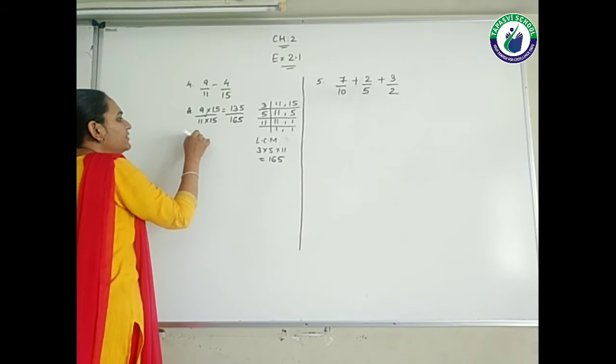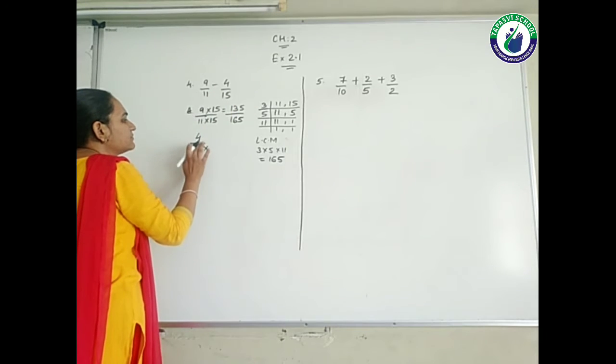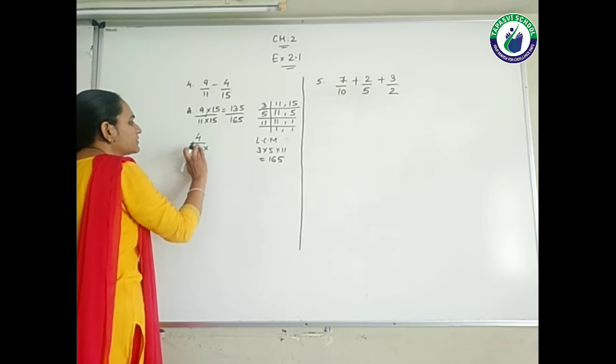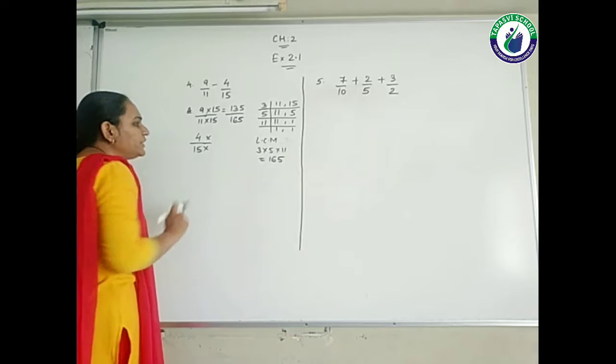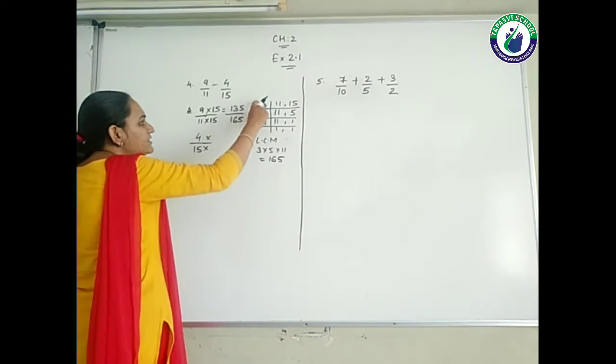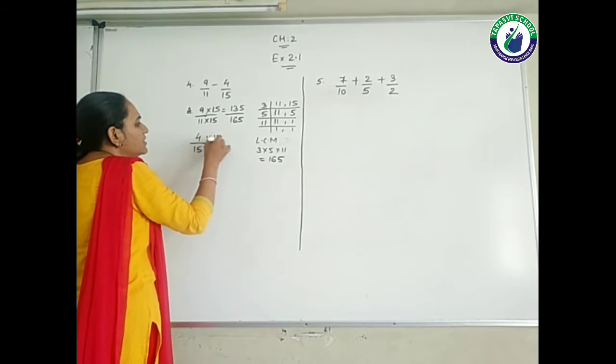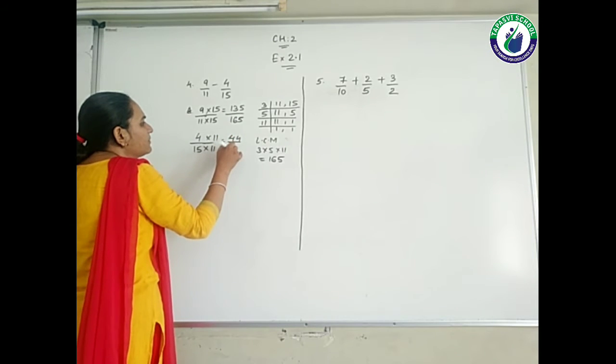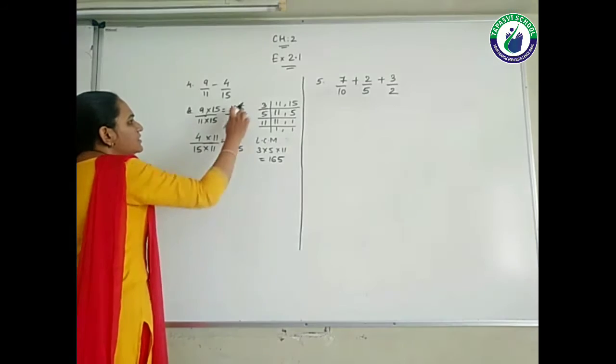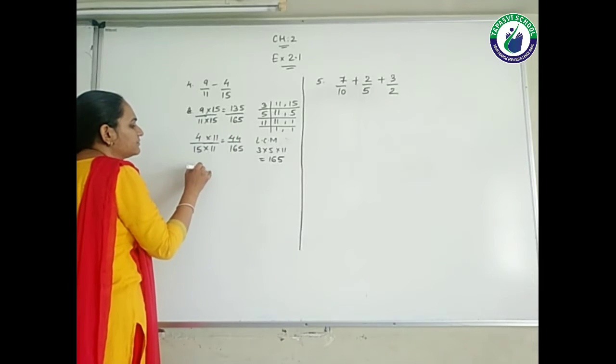Now 4 upon 15 is there. Which number do you multiply with the 15 to get 165? That is 11. So 4 11s are 44 upon 165. So we'll subtract them.